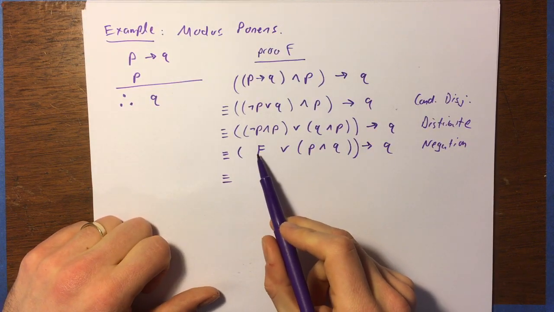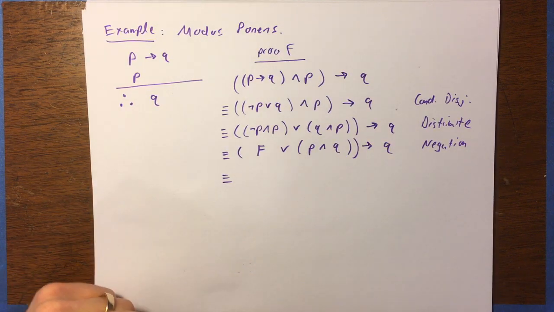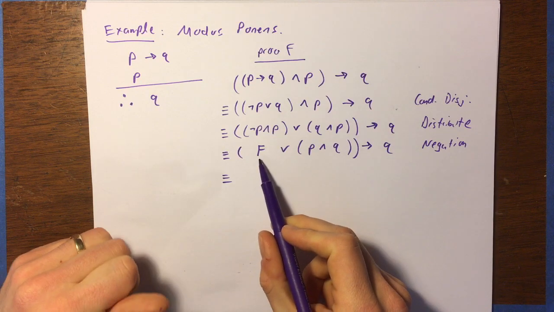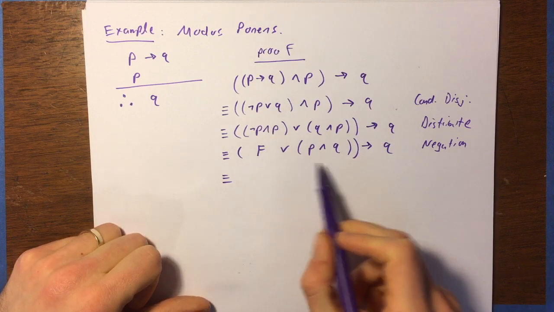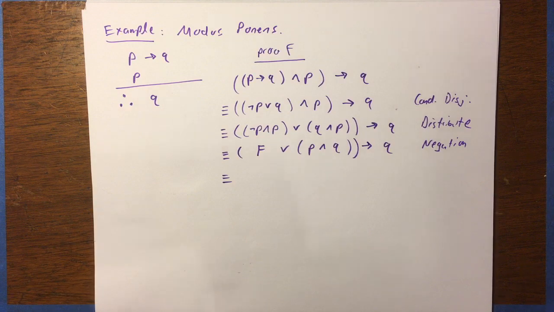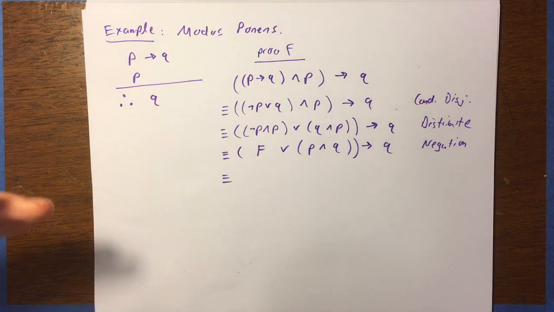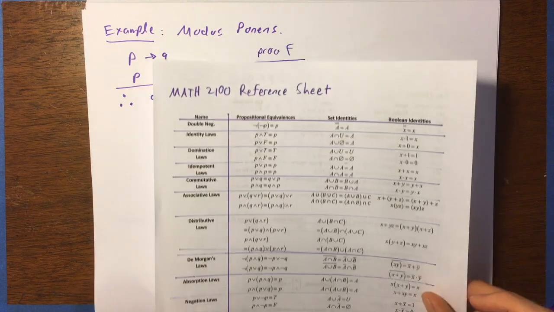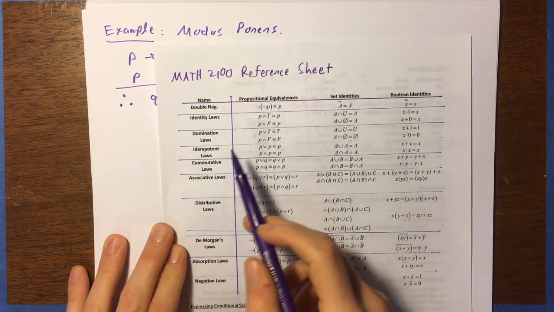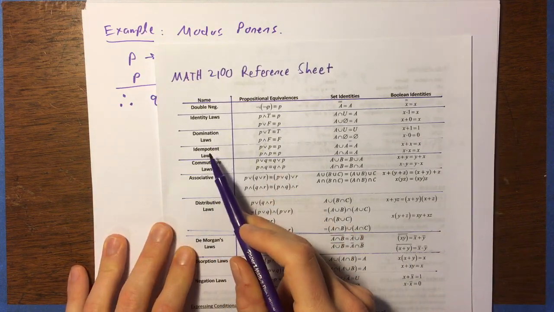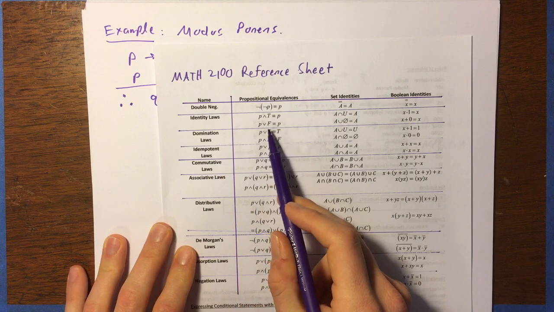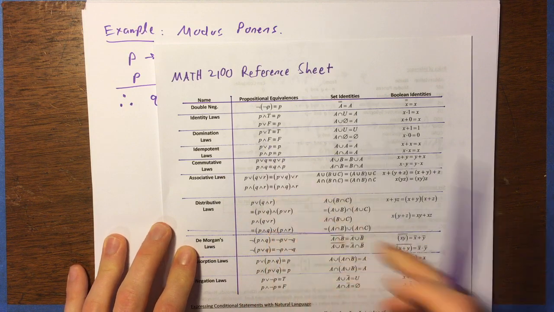And then next, we have false or something, right? So you may remember when you were combining false and true with other things using and or, you've got the identity laws and you've got the domination laws. Let me go ahead and pull up my reference sheet here just so you can see which ones I'm talking about. Identity or domination. If you have something or false, that is an identity law.